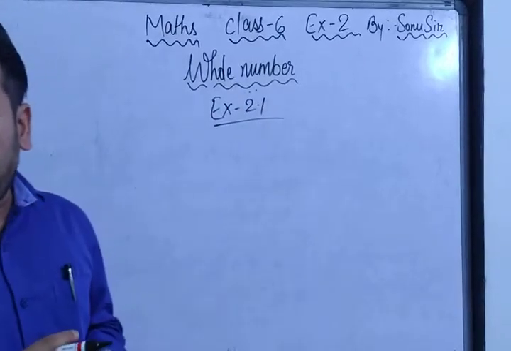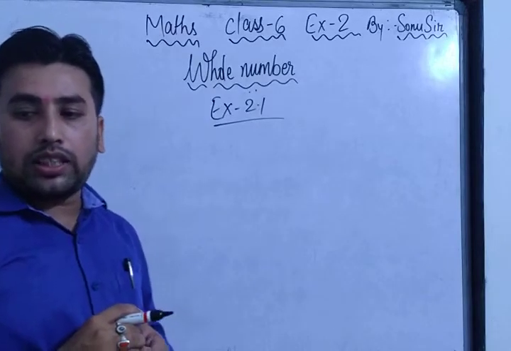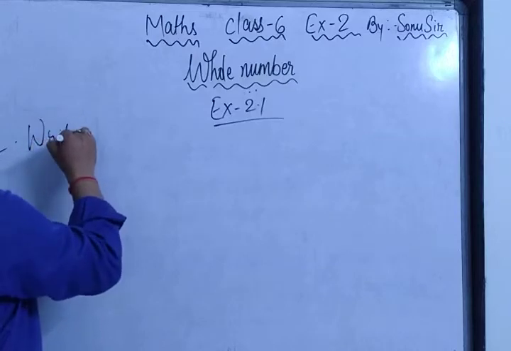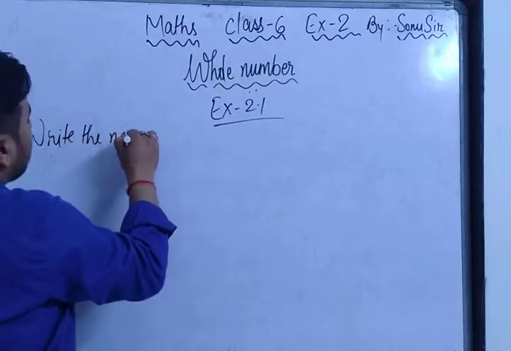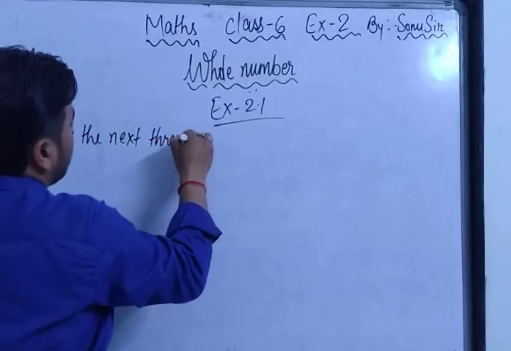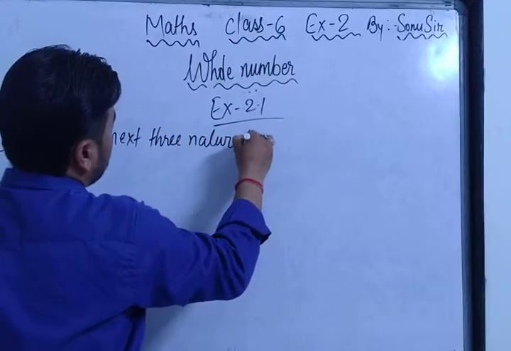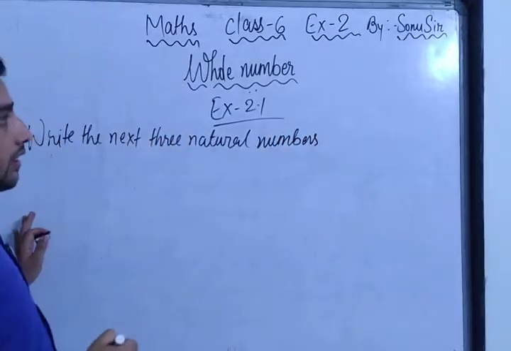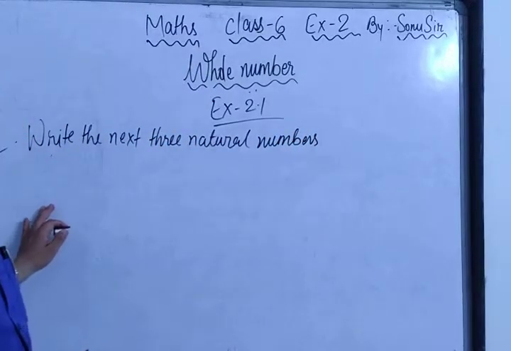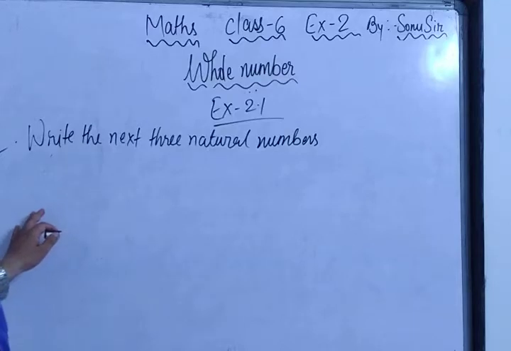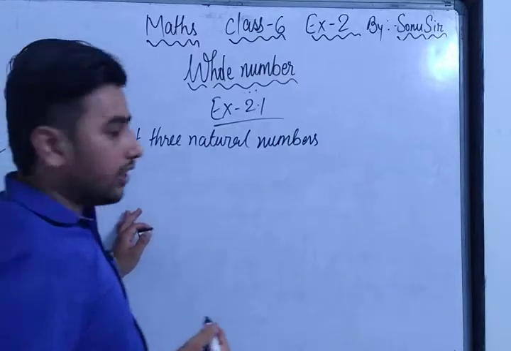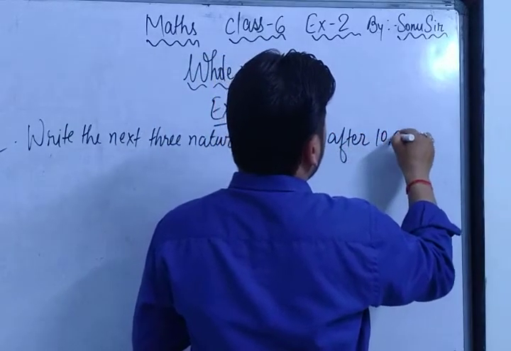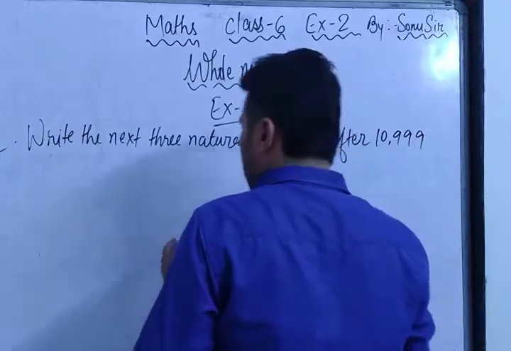First question. What is the first question? Write the next 3 natural numbers after 10,999. So what is the question?